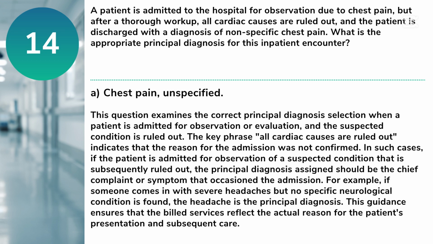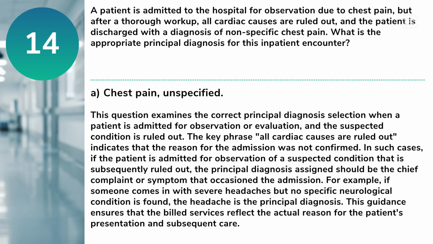Answer: A. Chest pain, unspecified. This question examines the correct principal diagnosis selection when a patient is admitted for observation or evaluation, and the suspected condition is ruled out. The key phrase, all cardiac causes are ruled out, indicates that the reason for the admission was not confirmed.